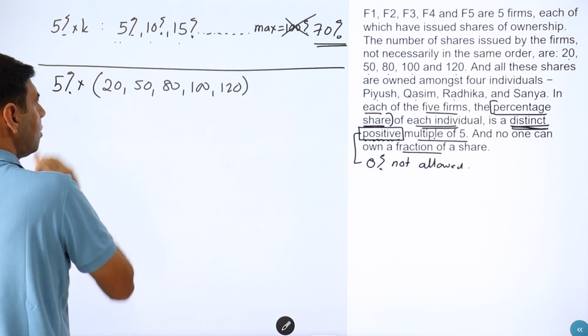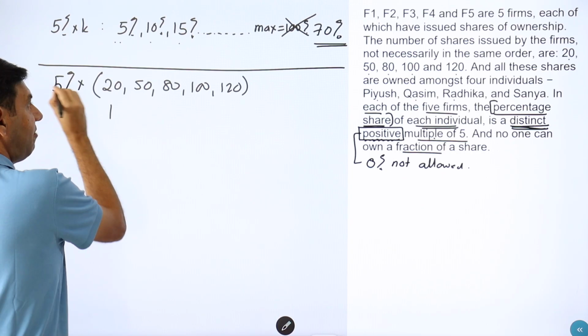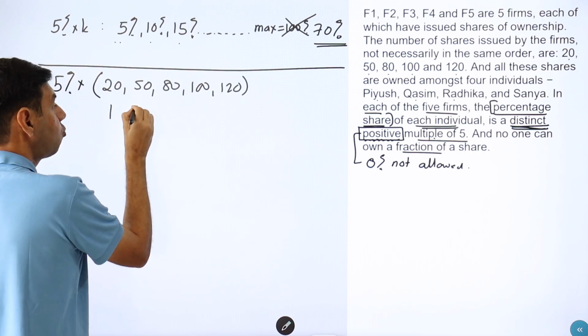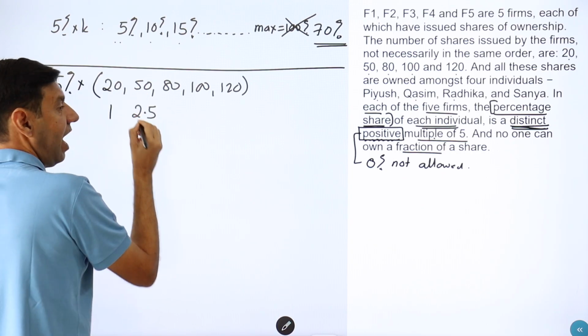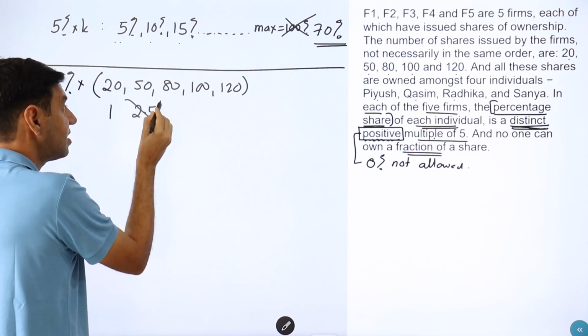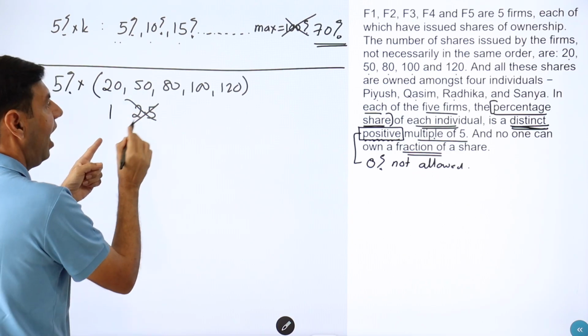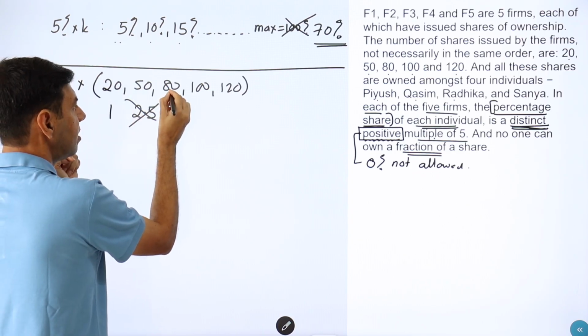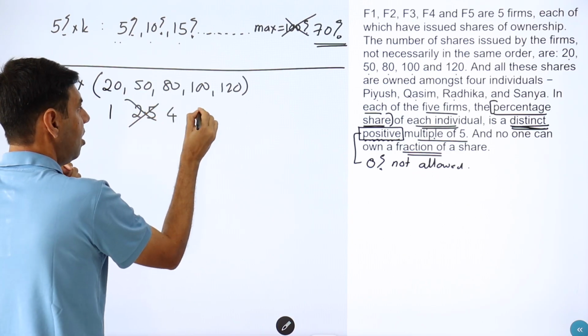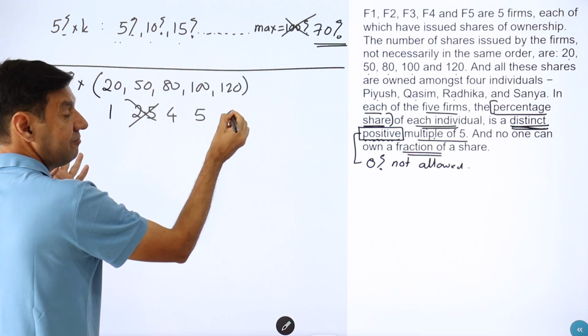So 5% of 20 is 5 into 0.2, 1. 5% of 50 is 2.5. And we know that a fraction of a share is not allowed. So did this come to your mind when you read this? It should have. 5% of 80 is 4, 5% of 100 is 5, and 1.2 into 5 is 6. The others have no issue.